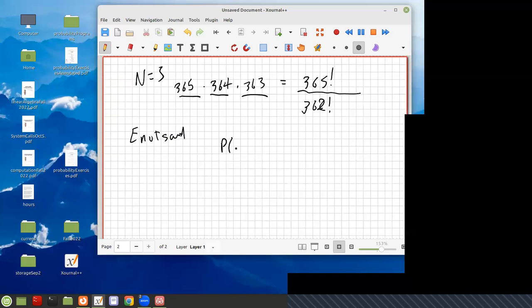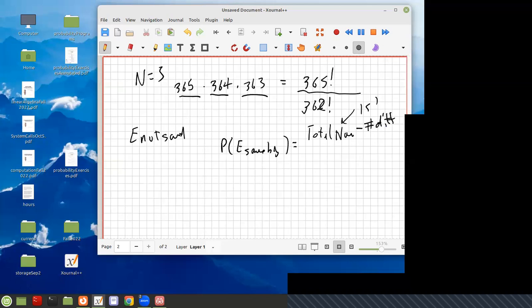So the probability of the event that at least 2 of them have the same birthday would be the total number of situations, the size of the sample space, minus the number where they are different.